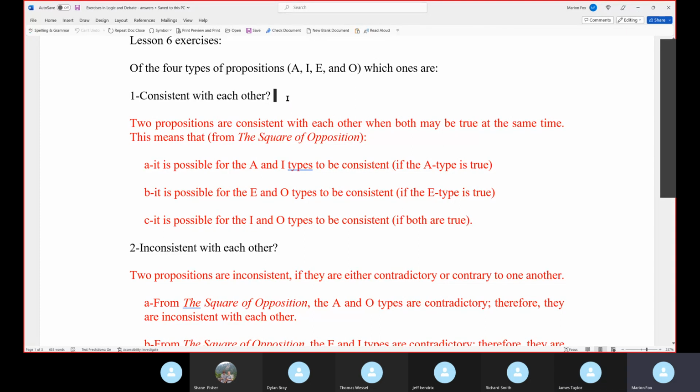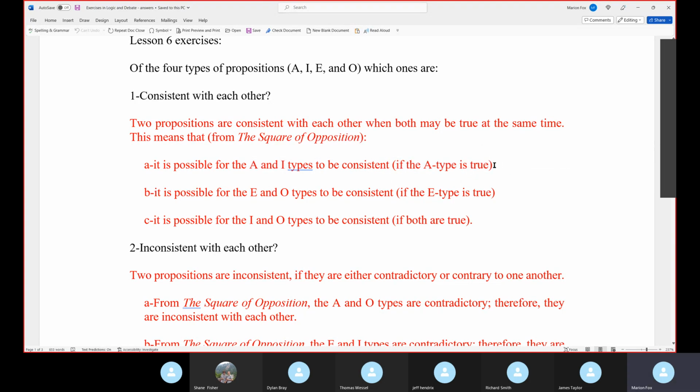Okay. Here are those questions. Got the questions in black and my answers are in red. Of the four types of propositions, A, I, E, and O, which ones are consistent with each other? Now, to be consistent, they must both be true at the same time. And so the A and I propositions are consistent if the A type proposition is true. They're consistent. Right?